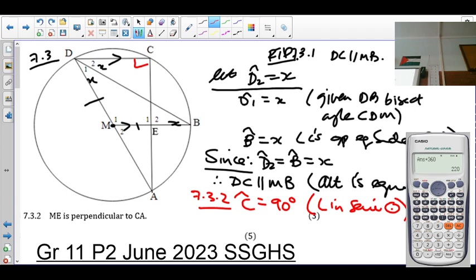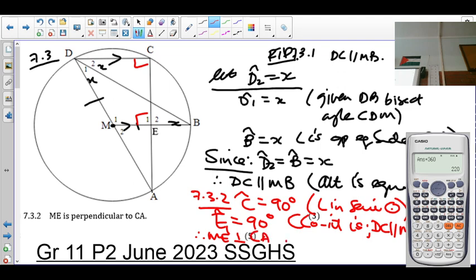Then we say that E1 is 90. Why? It is co-interior angles, with DC being parallel to MB. So therefore, ME is perpendicular to CA.